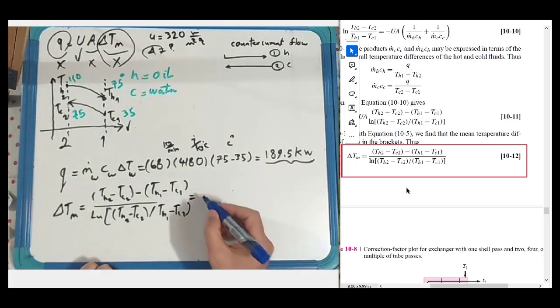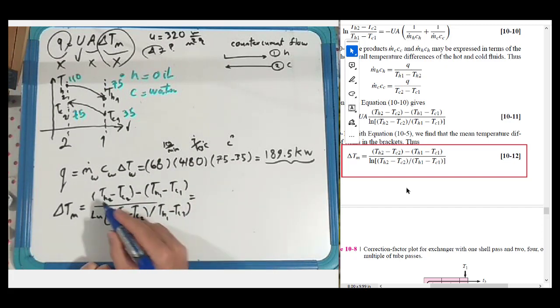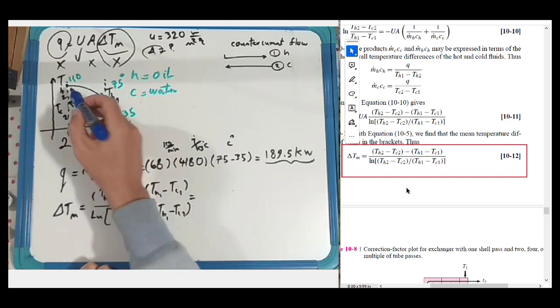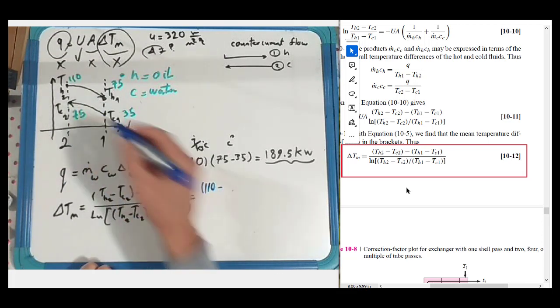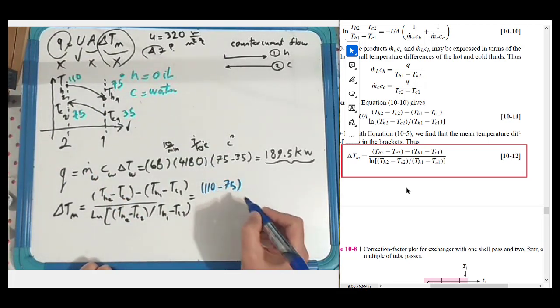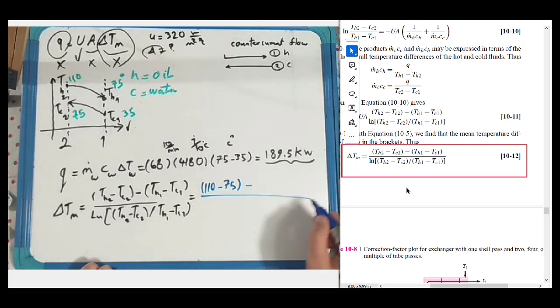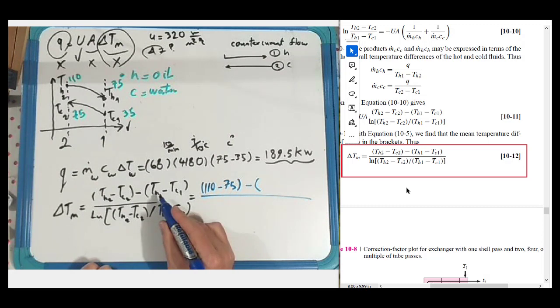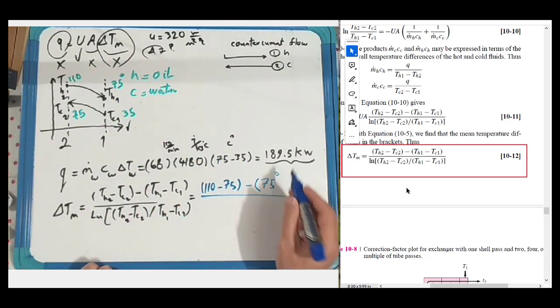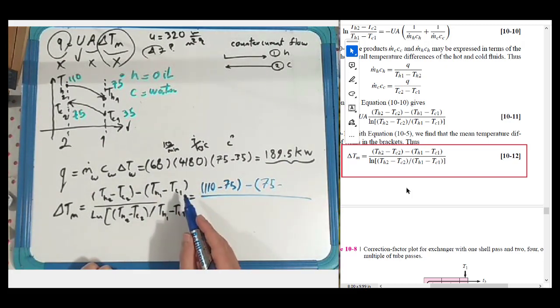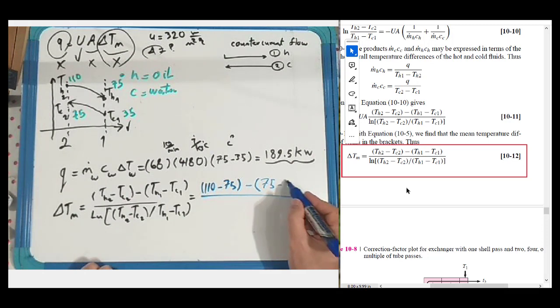What is TH2? 110, minus TC2, 75. Is that right? Yeah. Minus TH1. What is TH1? 75 degrees Celsius. Minus TC1. What is TC1? 35.